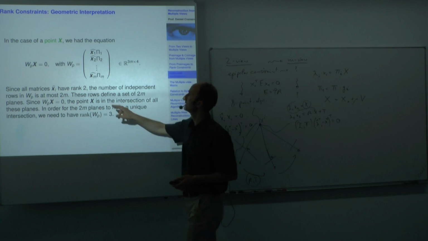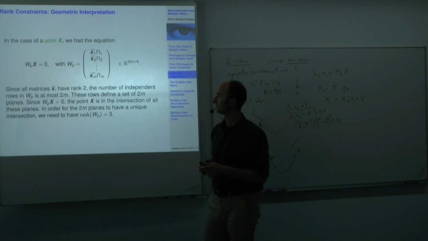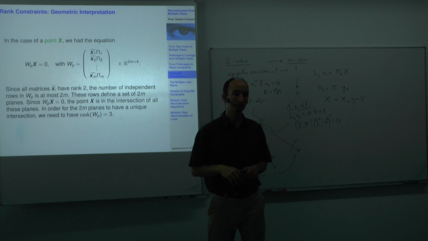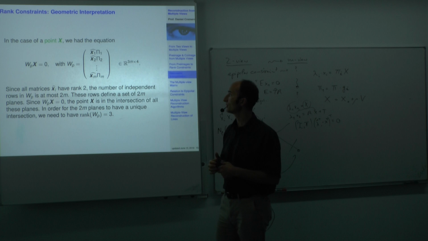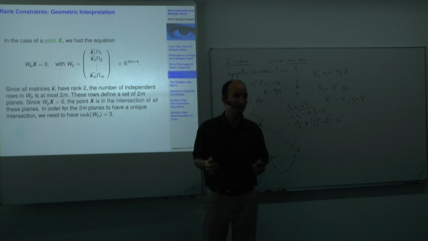All these matrices xi hat are the skew symmetric matrices formed by the 2D coordinate vectors. They're 3 by 3 matrices that all have rank 2. Remember, skew symmetric matrices always have an even rank. So the 3 by 3 matrix can have rank 2 or rank 0.